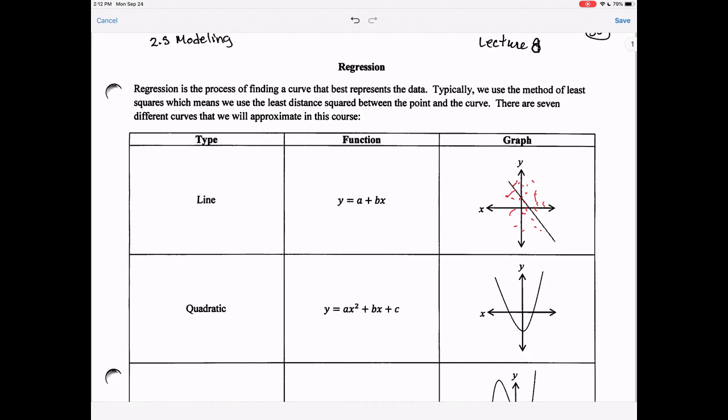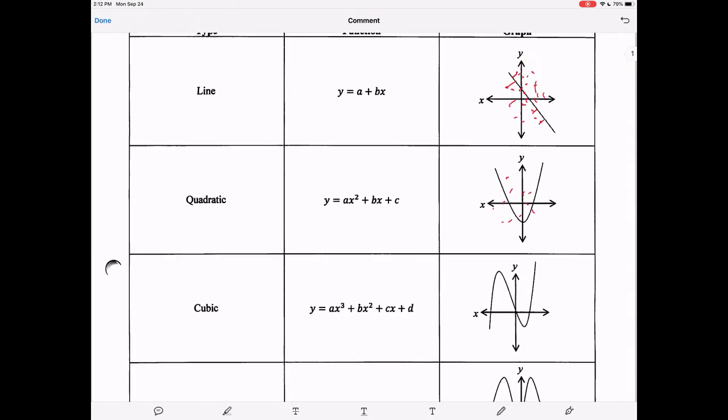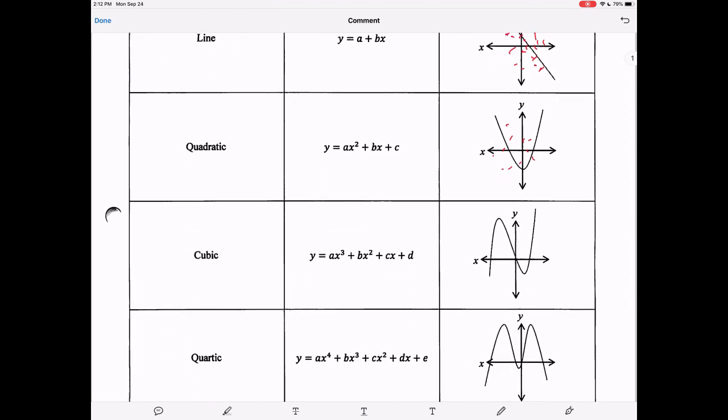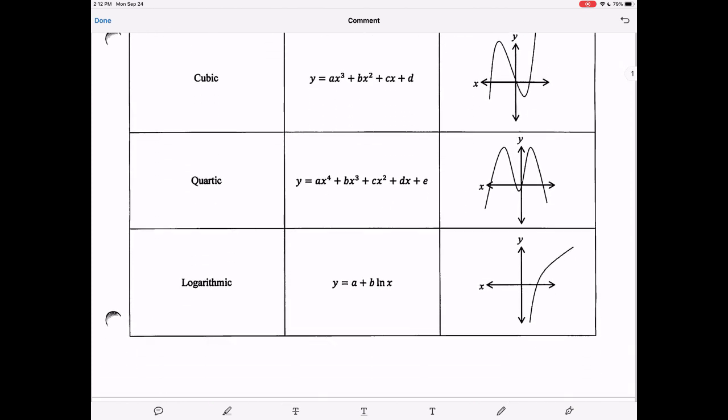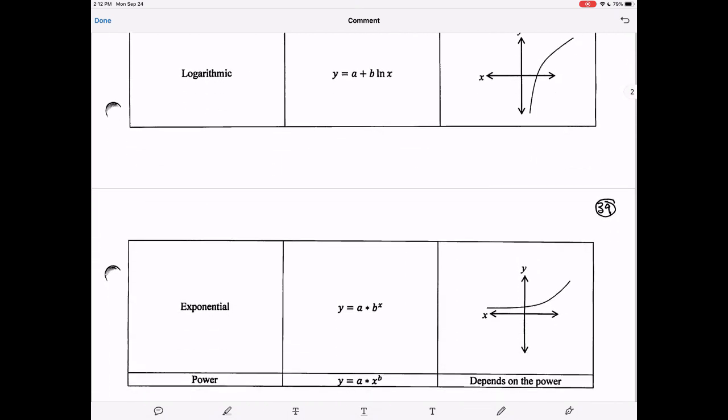It finds all the squared distances and finds the least squared distance of all these data points to the line, or to the quadratic, or to the cubic, or to whichever one of these curves you pick. Now I've included logarithmic and exponential.